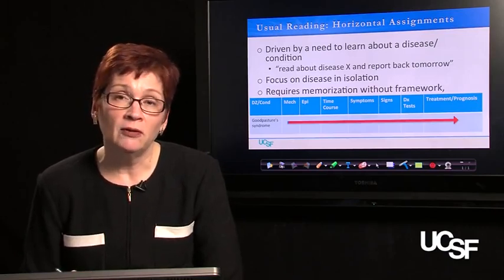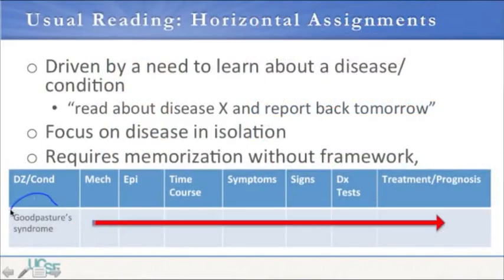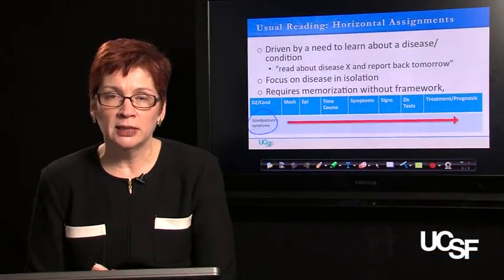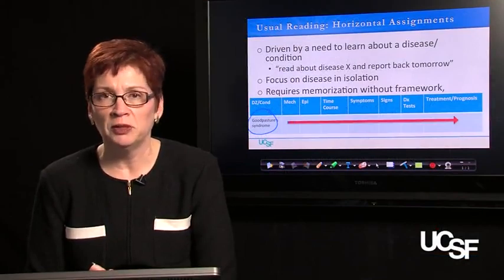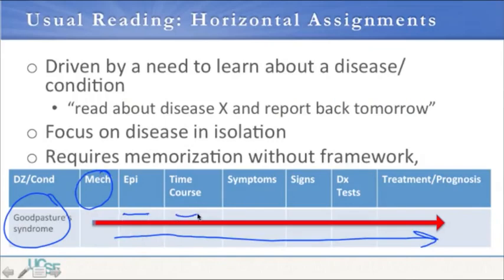So, for example, if I am on the wards and I tell my medical student, "Mr. Jones has Goodpasture syndrome, go home and read about Goodpasture syndrome," typically that medical student will take a textbook off the shelf or perhaps a review article, and they'll read horizontally, meaning they'll read about the mechanism of disease, the epidemiology of disease, the time course over which this disease presents, classic signs and symptoms, what diagnostic tests might be useful, and then what treatment options might be possible if, in fact, it turns out that Mr. Jones does have Goodpasture syndrome.